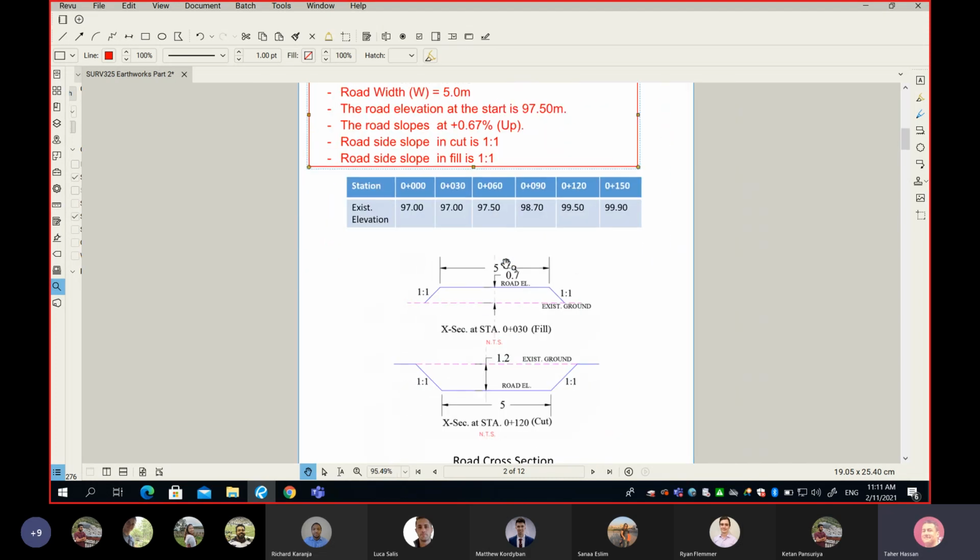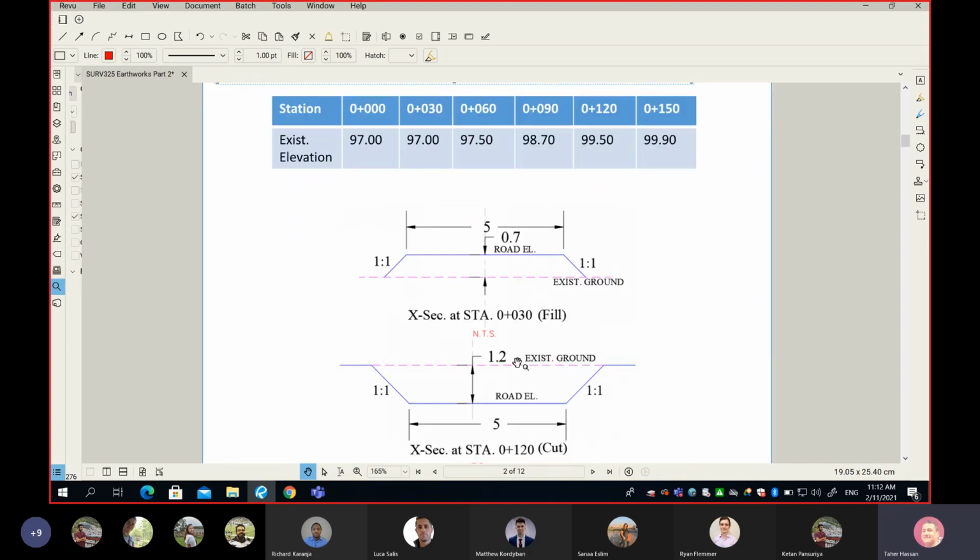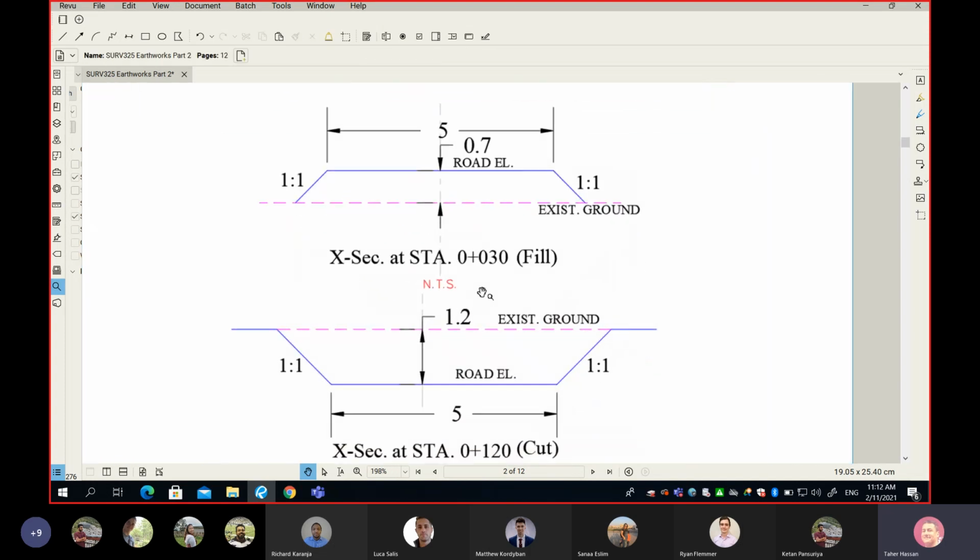Now, why this problem is different from the one I did before is that we will have cut and fill in the same problem. The previous problem had only fill, and this one has cut and fill. I'm going to show you how the cross-section looks in cut and fill. The one on the top here is the cross-section in fill.